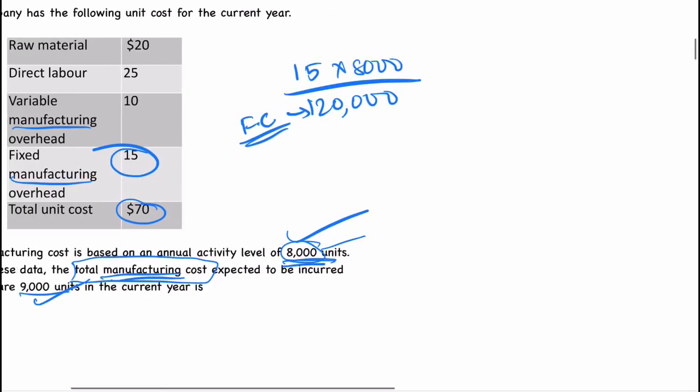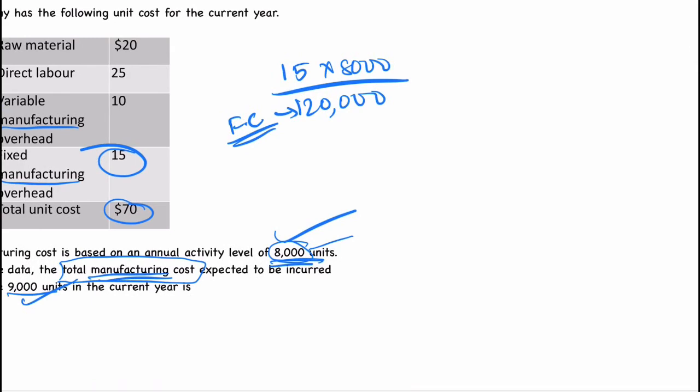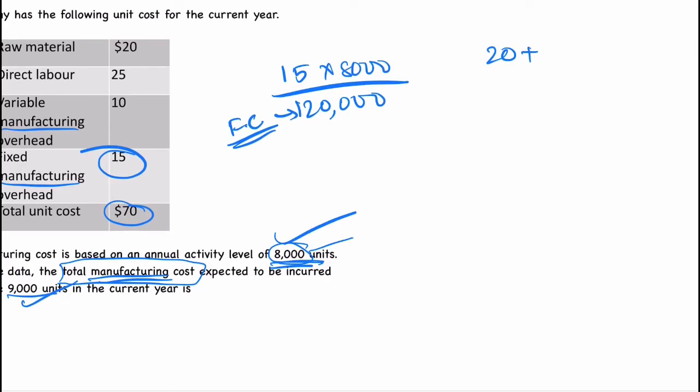Next, we are going to take the raw material, direct labor and variable manufacturing overhead. Basically all the direct costs. 20, 25 and 10, how much will it come to? 55. This is our variable cost per unit.